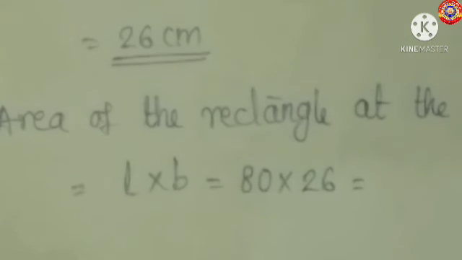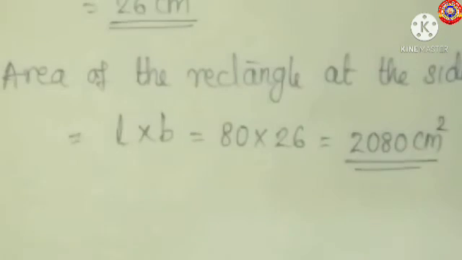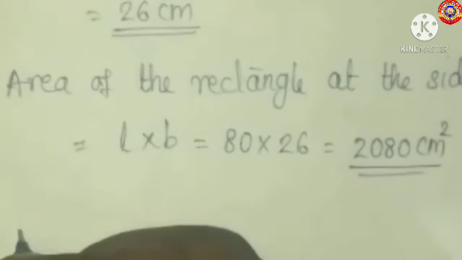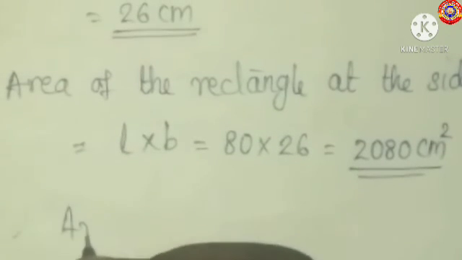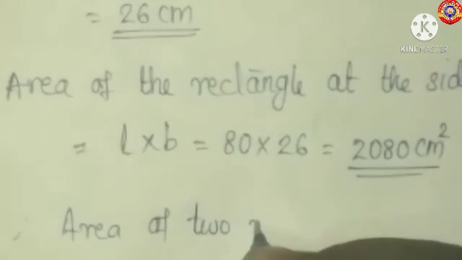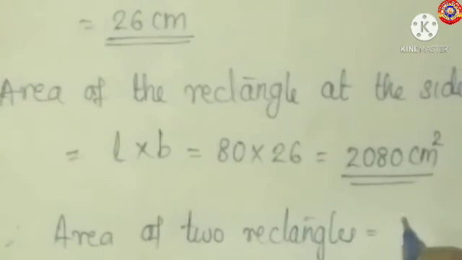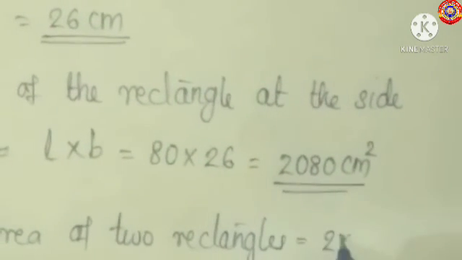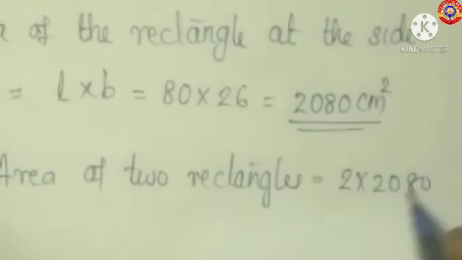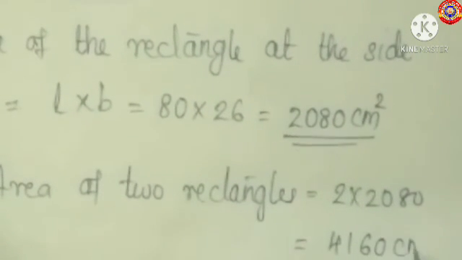So 80 into 26, which gives the answer 2080 centimeter square. We know that there are two rectangles like this, that is one on the opposite side also. So area of two rectangles equals 2 into 2080, right, which is equal to 4160 centimeter square.